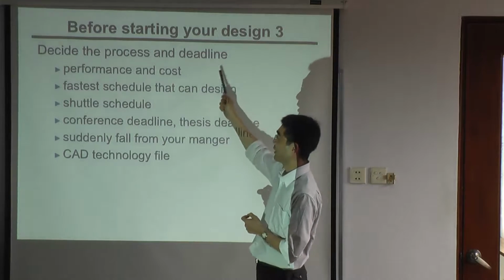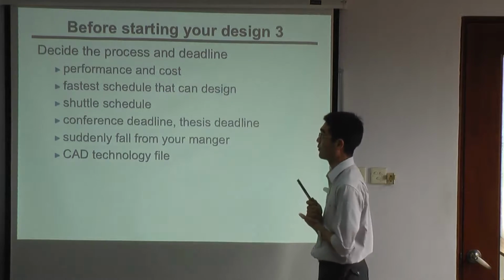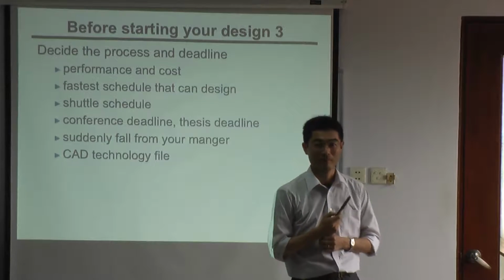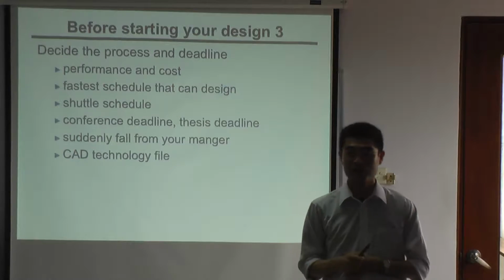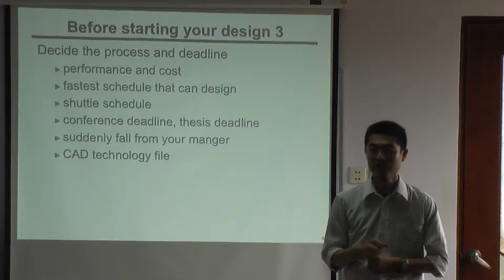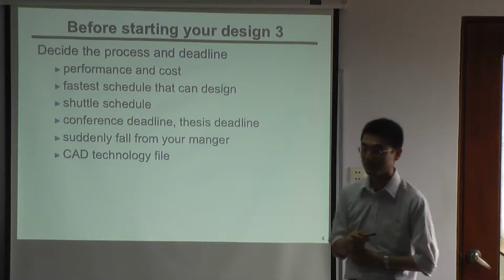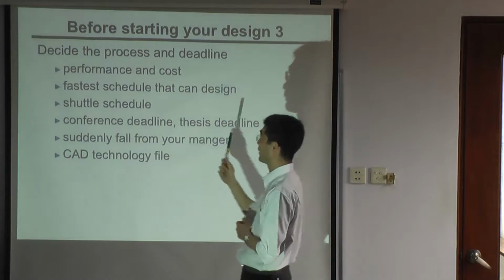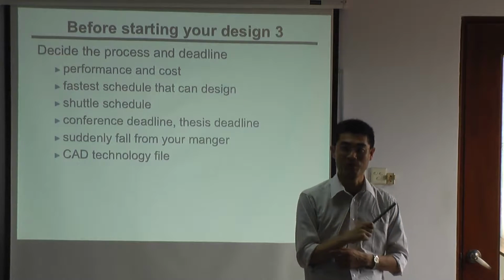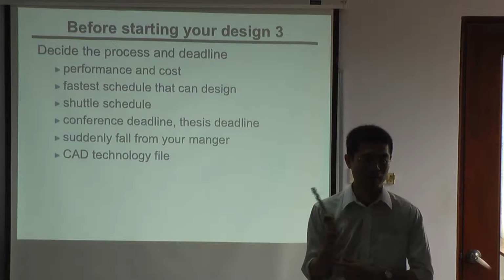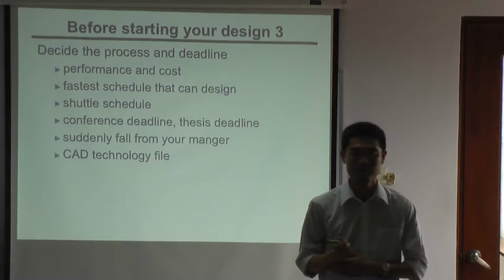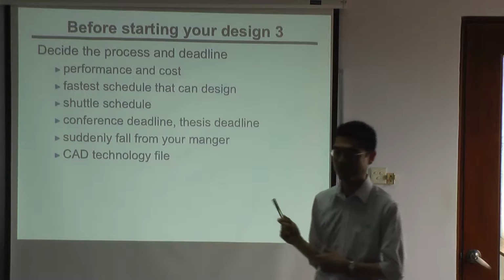In order to decide the process and deadline, we have to consider the performance and cost. Of course, a 28 nanometer process has high performance compared with 180 nanometer technologies, but it's very expensive. So we have a trade-off between performance and cost, and we have to consider it. It might not be your work, it might be your manager's work, but you have to consider it with your manager.